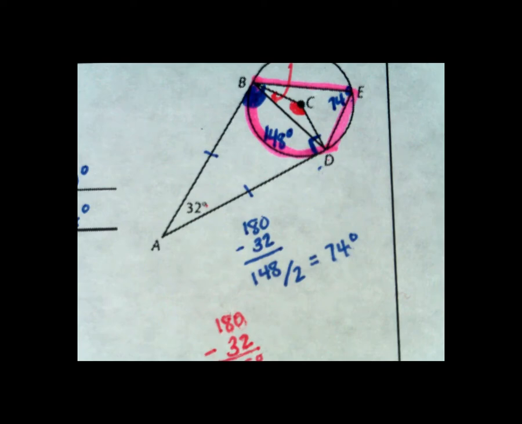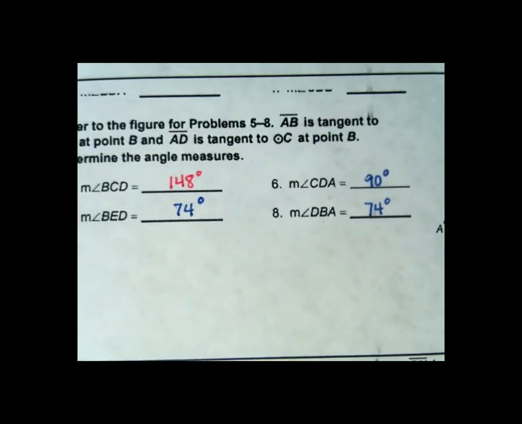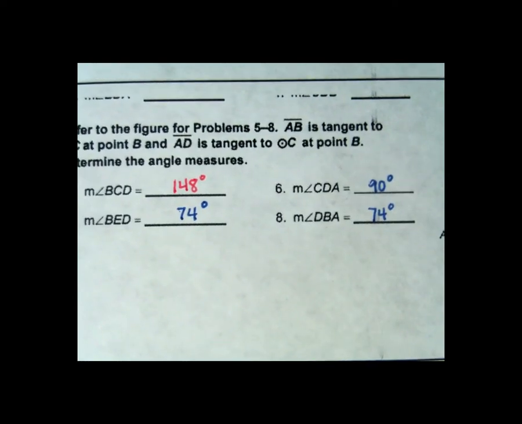Yes, we're going to see that in a minute. Alright, so in case you did not get those, here are all 4 of those solutions. 148, 74, 90, and 74.